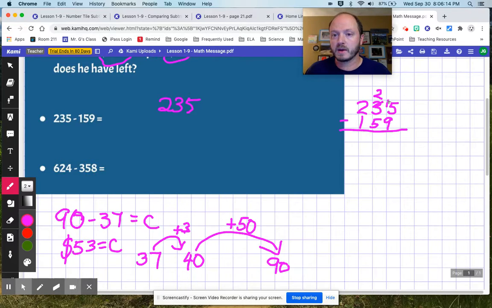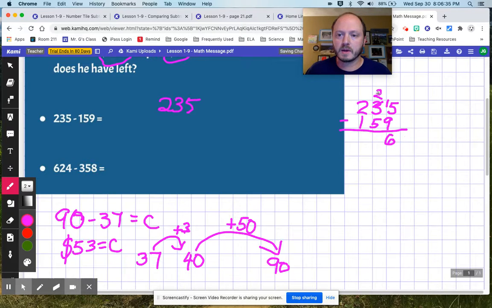And I can say, all right, now instead of 5, I have 15. So those 10 ones are now added to this 5. And I can say I have 15 minus 9. Can I do that now? Absolutely. And that's 6. Okay.